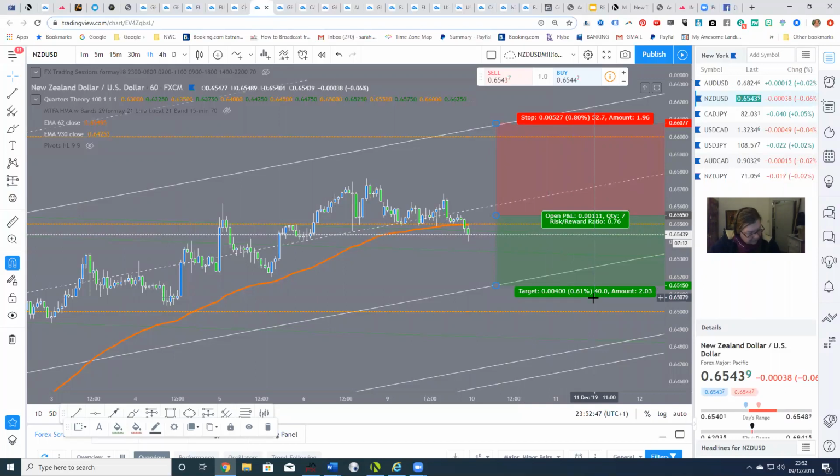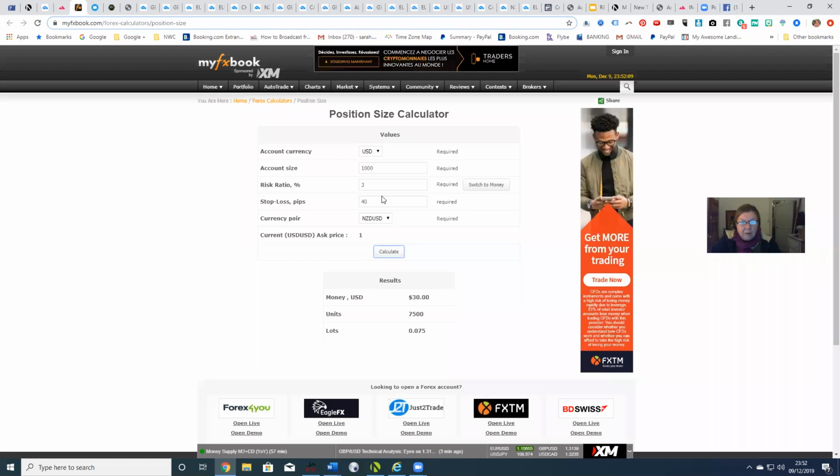So what we're saying is we're going to risk $30, which is 3% of our account. Yeah, got that? We're going to risk 3%, which is $30, and that's going to be equivalent to 0.07. So that's 70 cents per pip times 40 pips.